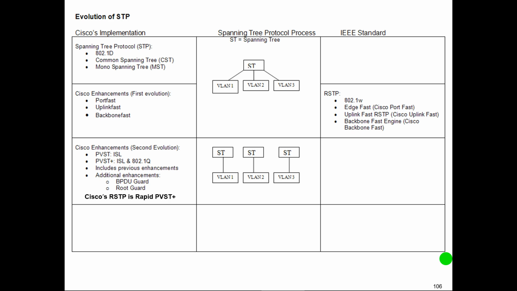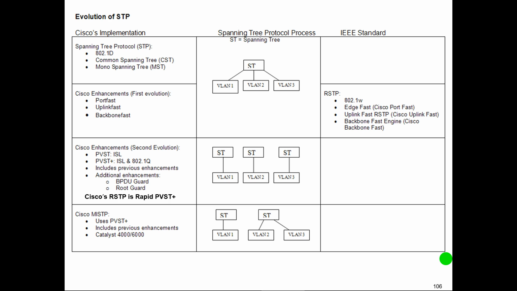Cisco's rapid spanning tree is Rapid Per VLAN Spanning Tree Plus. Cisco's MISTP uses PVST Plus. It includes all previous enhancements and is only really usable within the Cisco Catalyst 4000, 6000 series and above switches.